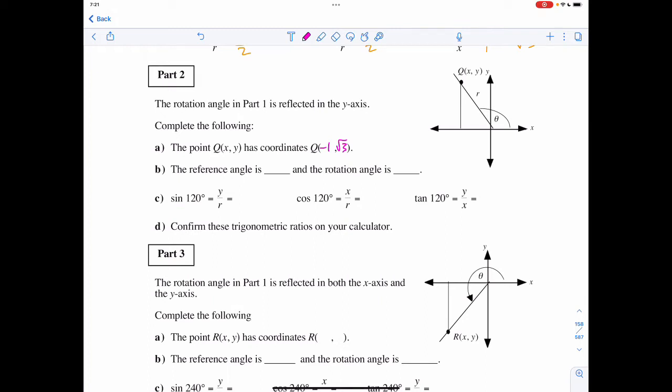When I do a reflection, the reference angle stays the exact same. The rotation angle, now with a reference angle of 60 in quadrant 2, is going to be 180 minus 60. That's going to be 120 degrees.